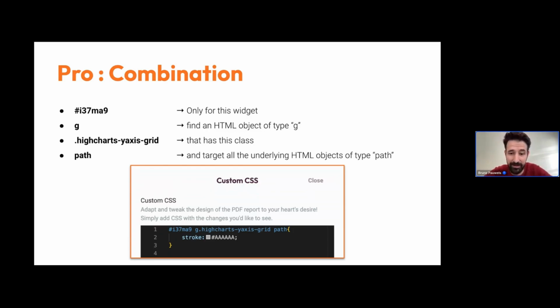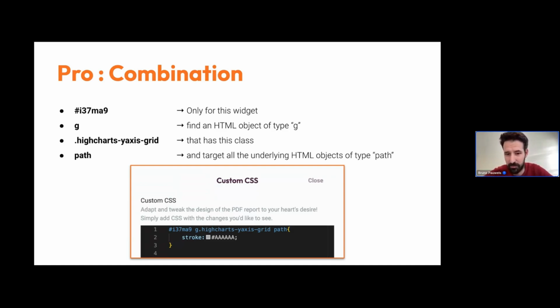You can combine that ID that we have inside of the menu, go into a type of HTML object in there, then you need to know how, but I'll explain later how you can figure that out. Find the class of a specific object. So in this case, it would be an object called G, which probably stands for graphic, with this specific class. And then underneath, I want all the objects that are the type path.